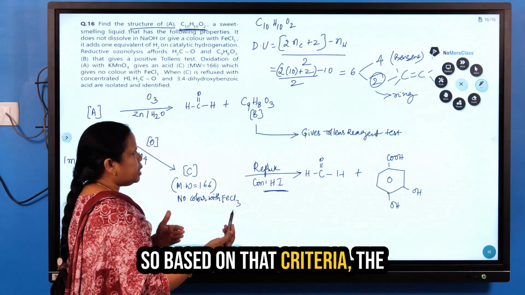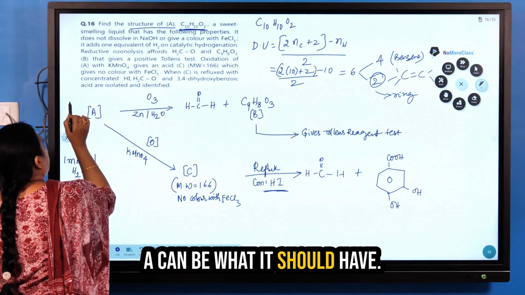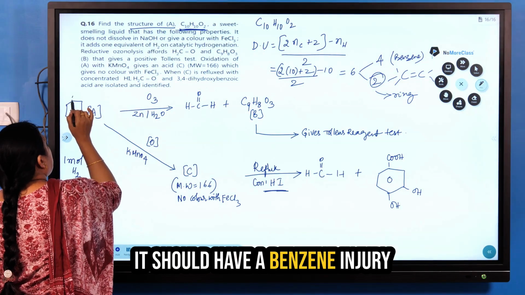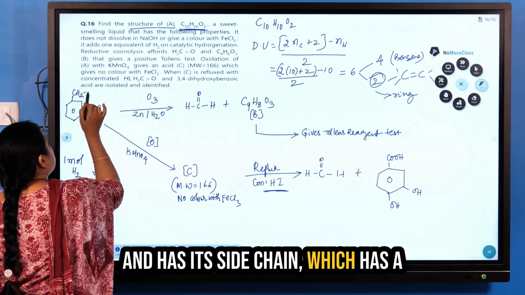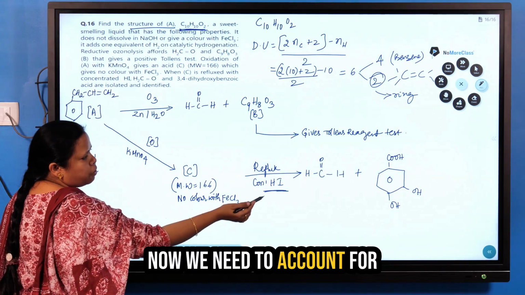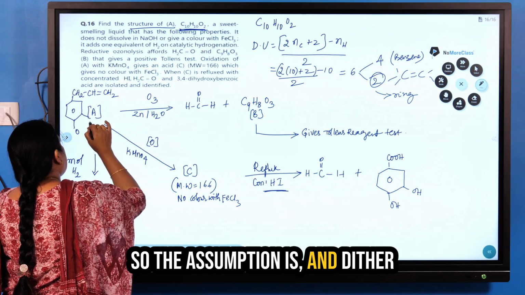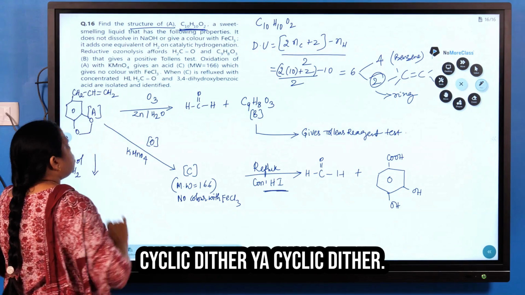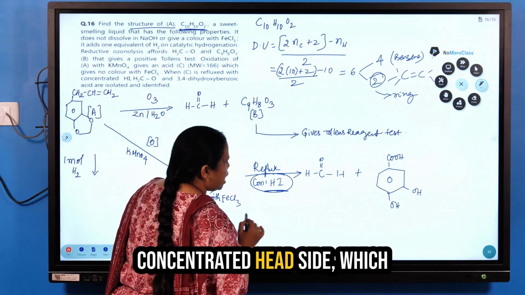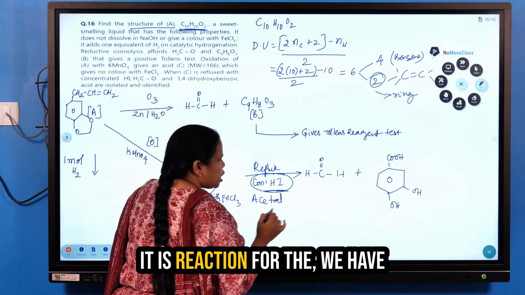Based on that, the most feasible structure of A should have a benzene ring and a side chain with a double bond, CH=CH2. Now we need to account for the rest of the oxygens also. So the assumption is a cyclic diether. Why a cyclic diether? Because the reaction is with concentrated HI, which is usually observed for acetals.